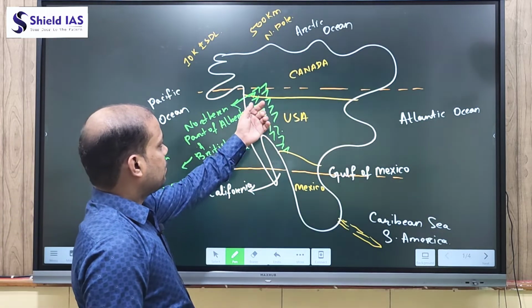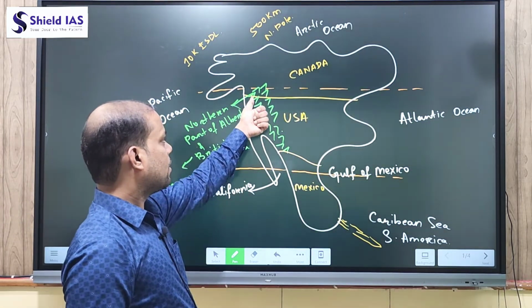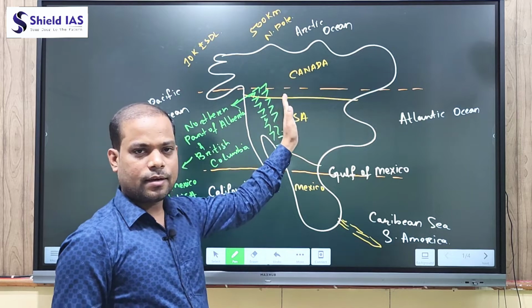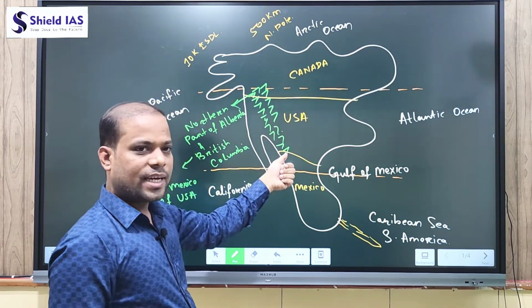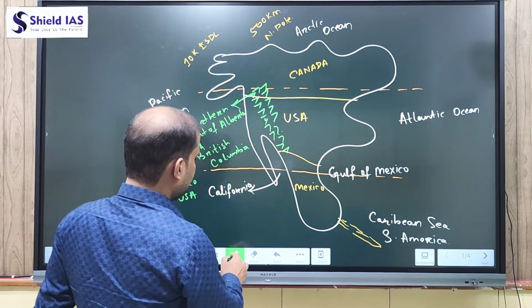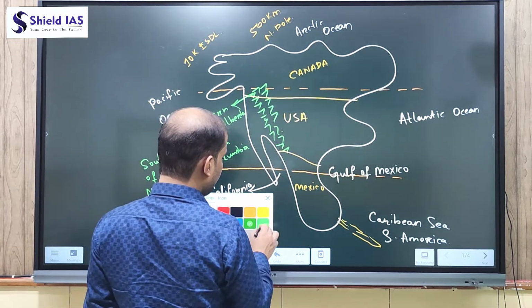So it extends from northern Alberta and British Columbia of Canada, and it further extends toward New Mexico of USA. And there is an important peak in this region.